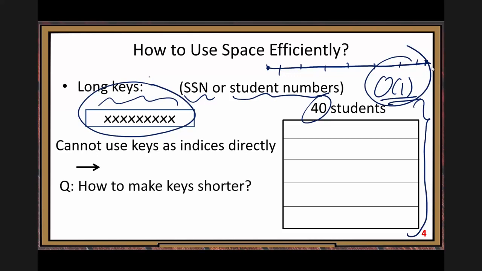How to make keys shorter, how to map keys to slots. If we can make long keys shorter, then we have a chance to map those keys to a limited small number of slots to store our data items.